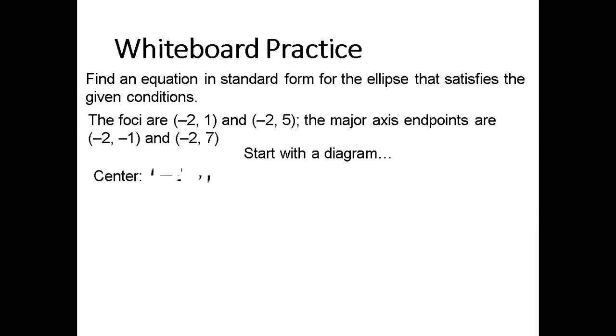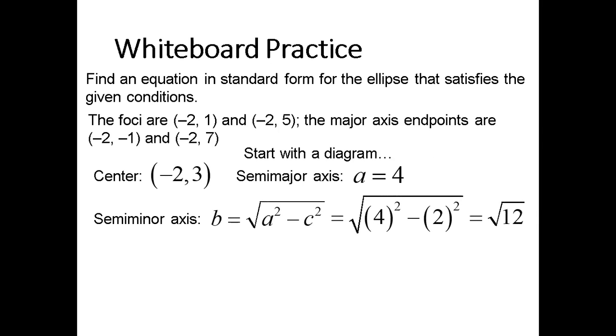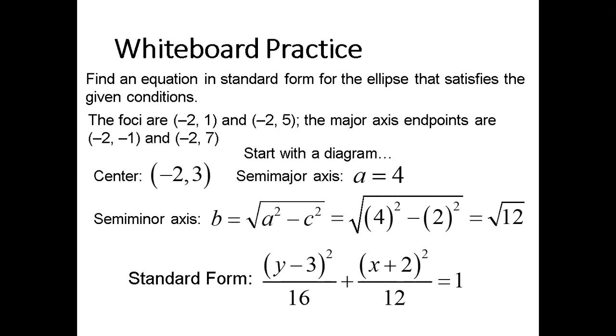Start with a diagram if you want to. So we can determine the center, that's negative 2 and 3. The semi-major axis, or the value of A, is 4. For the semi-minor axis, or the value of B, we use that formula, which is equal to square root of 12. And for the standard form, it looks like this.